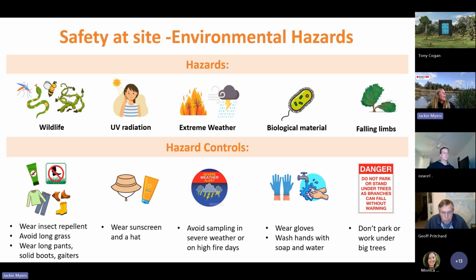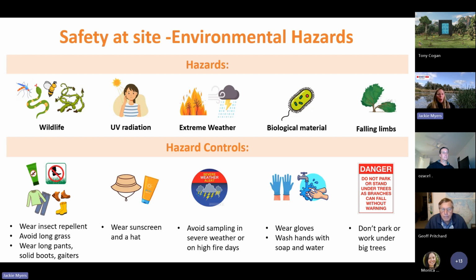You may encounter biological hazards while you're out. So this is things like E. coli and bacteria. They could be present in the water, and especially after storm events. We all know we get poor water quality in our bays after storm events. So really, to manage this risk, the key thing is wearing gloves.